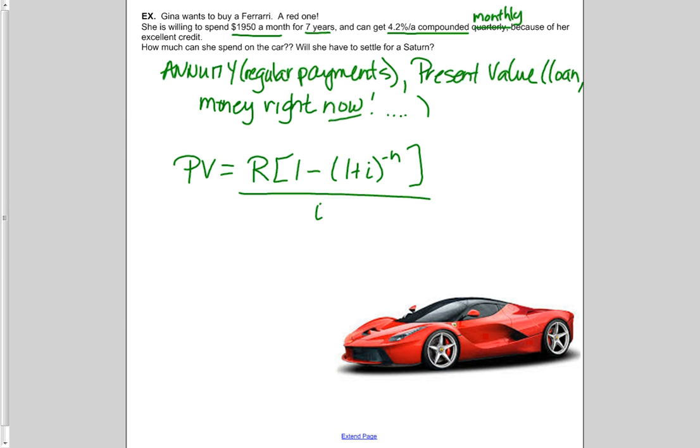All right, Gina, in your well-paying job, $19.50 she can afford a month for a car. 1 minus. Now it's 4.2% compounded monthly, so we have to adjust for that. 1 plus decimal 0.042 monthly to the negative.